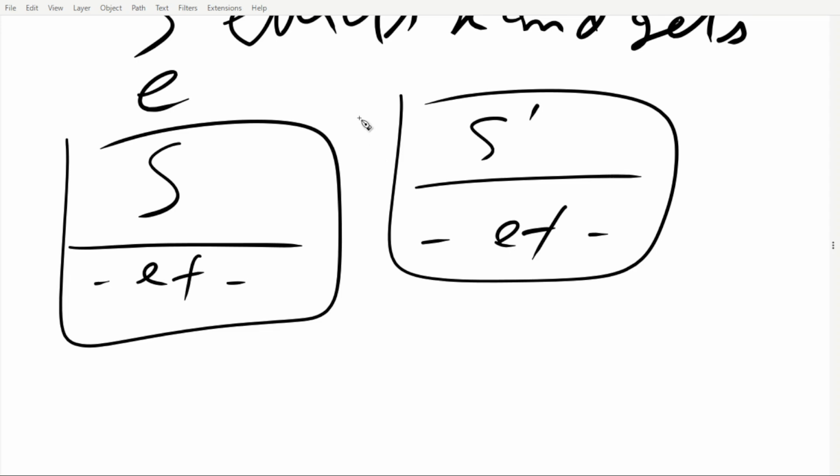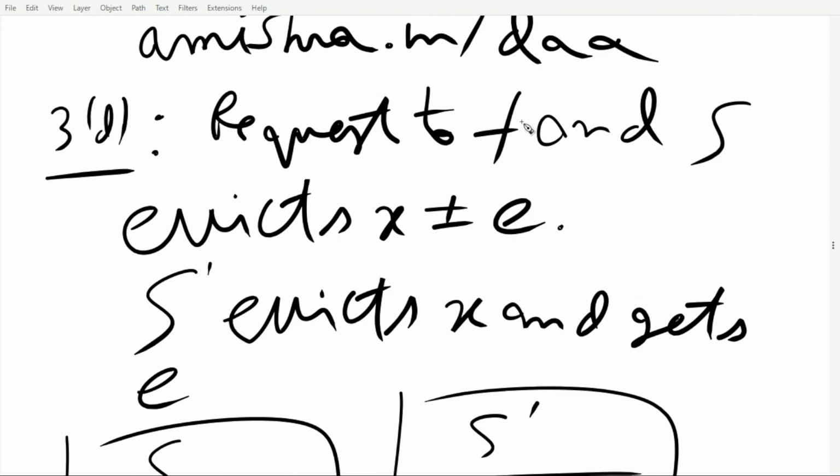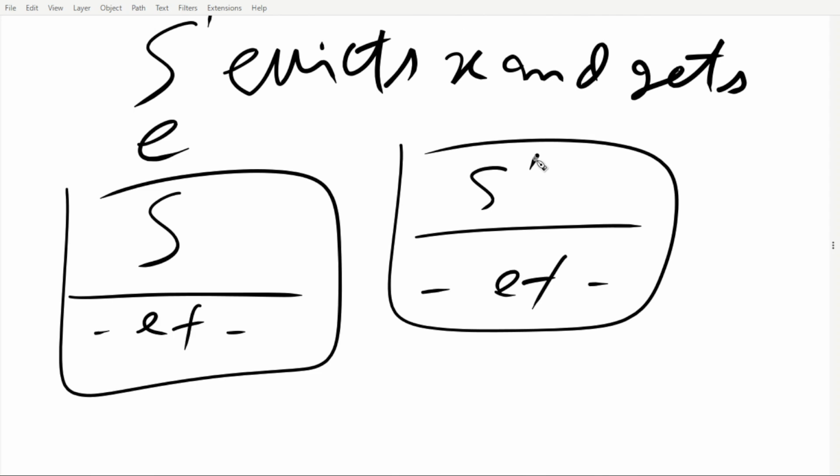Just notice that both have the same cache, but S prime is not reduced, because on the request to F, S prime already has F. So actually this is a cache hit for S prime originally. For S it was a cache miss.